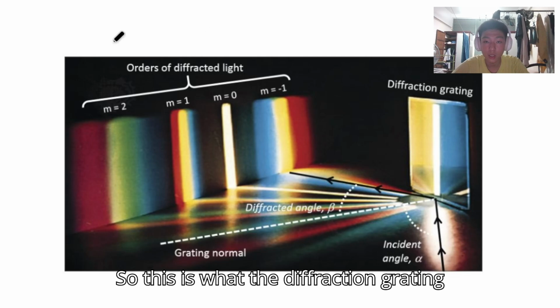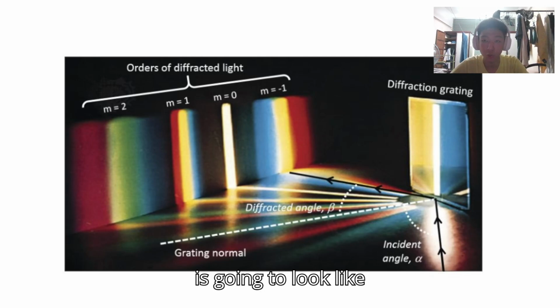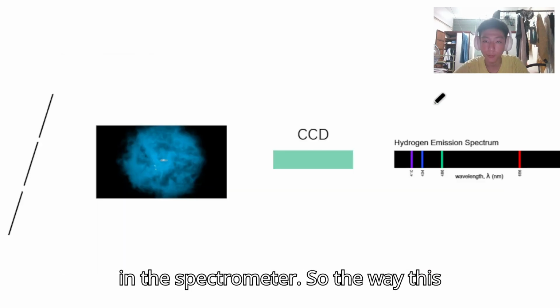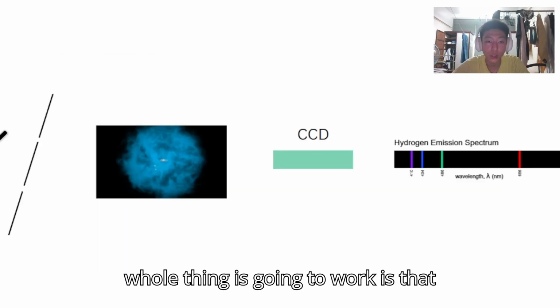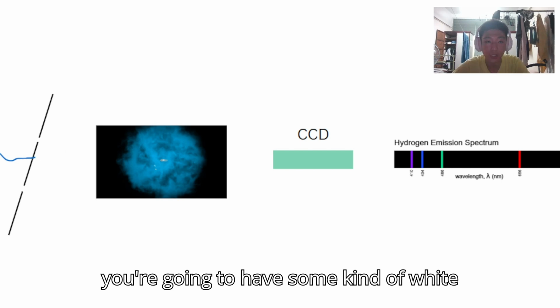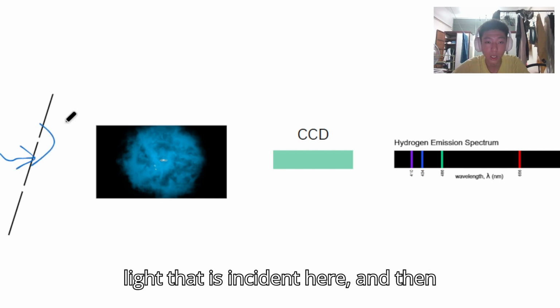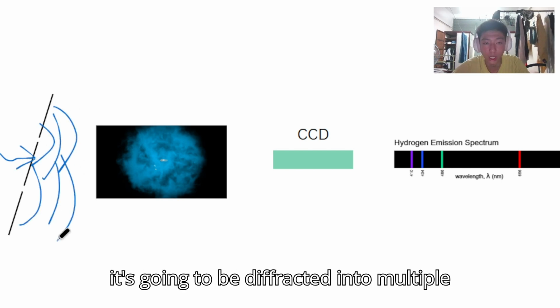Okay, so this is what the diffraction grating is going to look like in the spectrometer. The way this whole thing works is that you're going to have some kind of white light that is incident here, and then it's going to be diffracted into multiple colors.